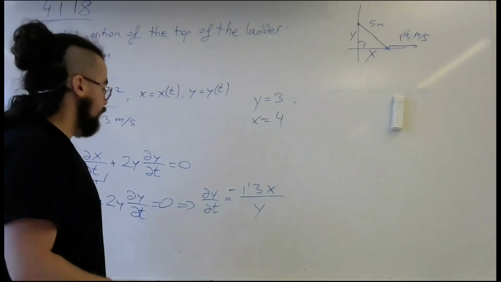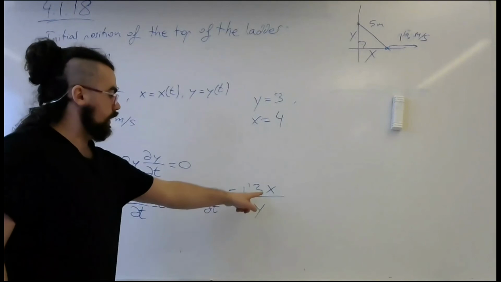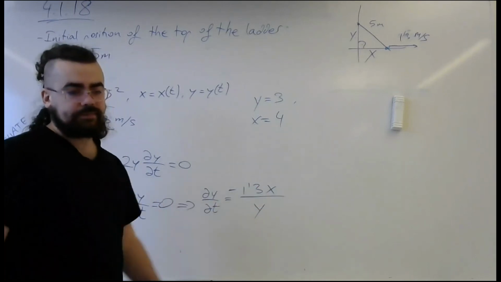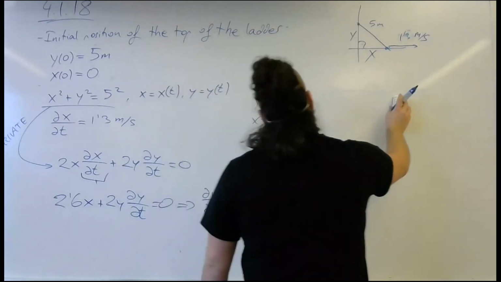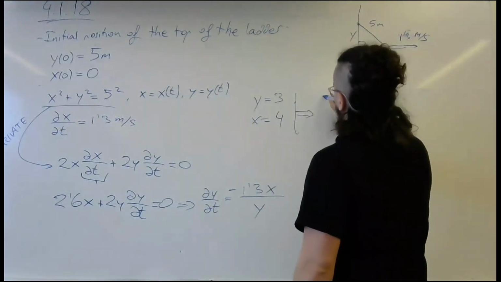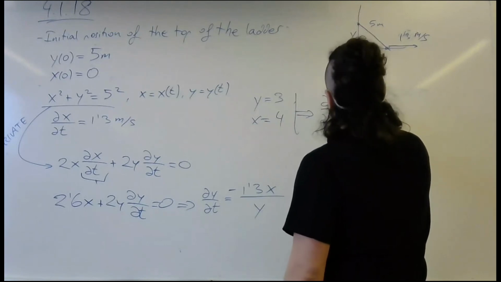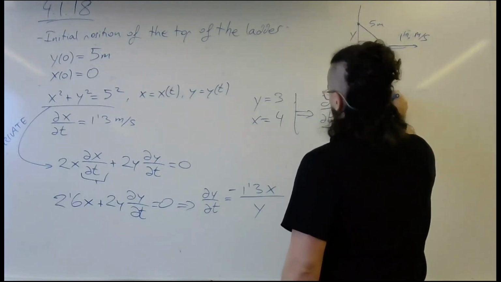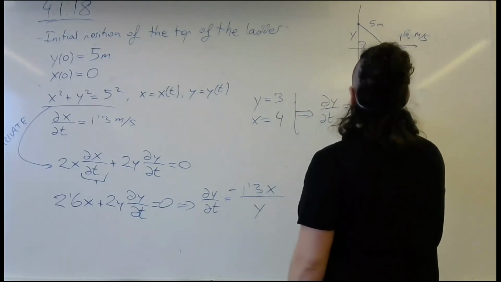And now, what did we need to calculate the change rate of the height? X and y. We solve it. Here, the change rate of the stair is minus 1.3 times x divided by y. This thing.